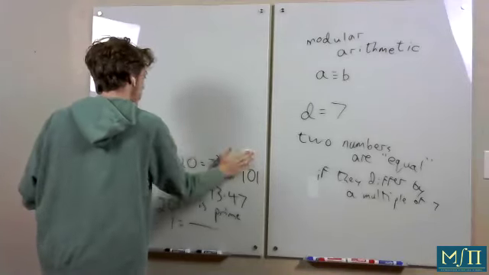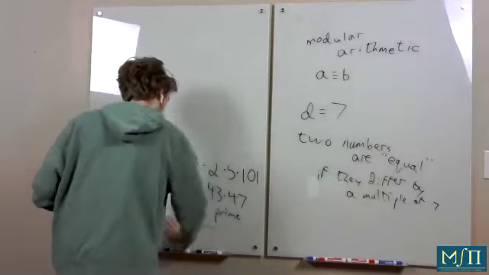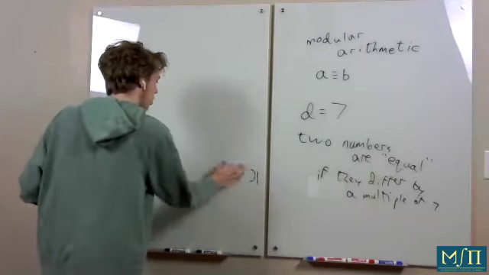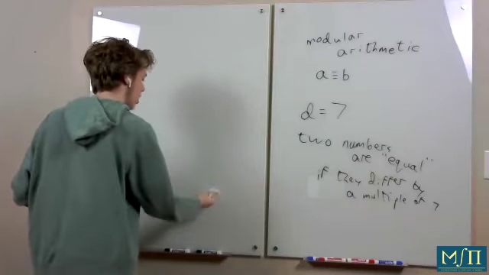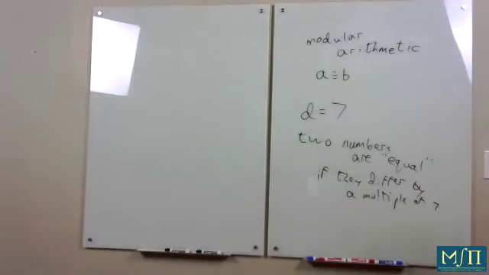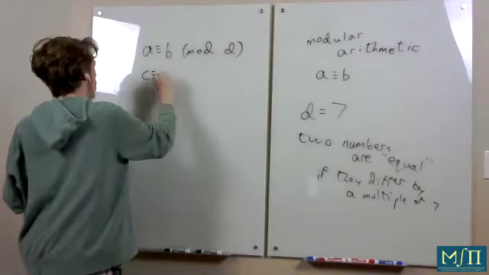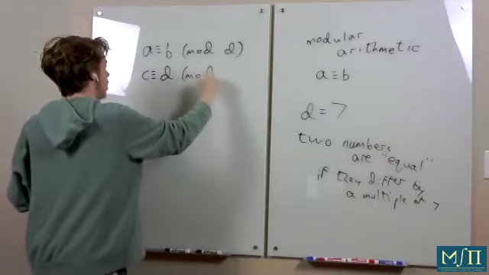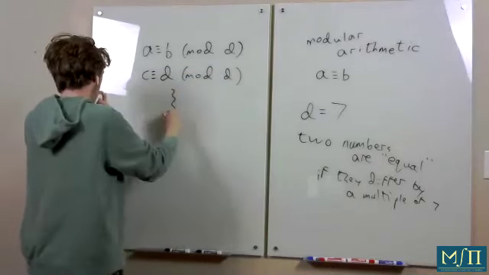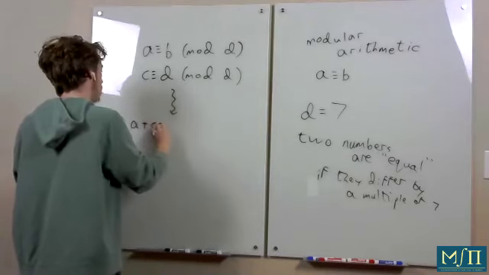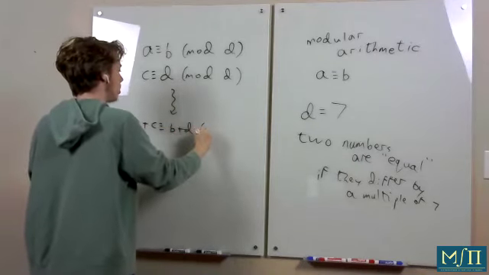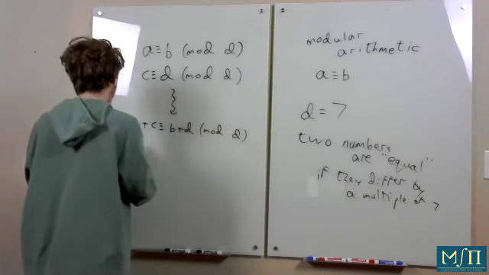This has a lot of nice, useful properties because it respects basic arithmetic. What I mean is that if A and B are congruent modulo D, and C and D are congruent modulo D, then the sums are congruent, and their differences are congruent.